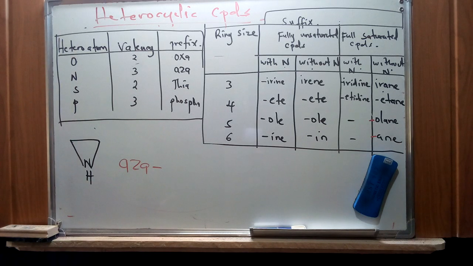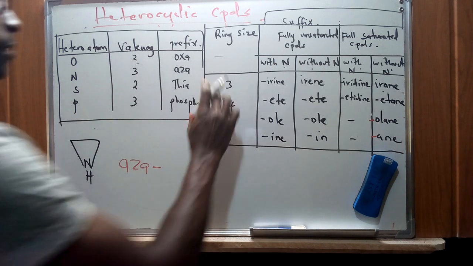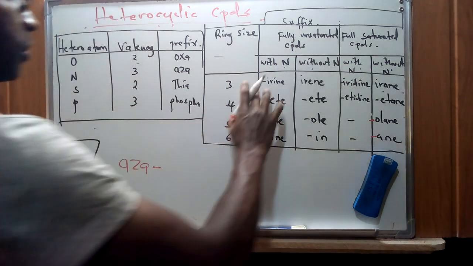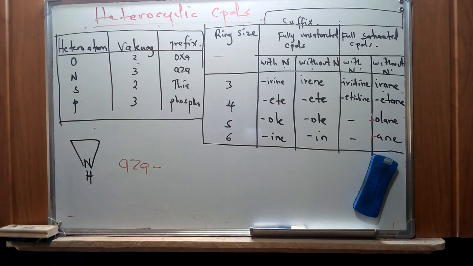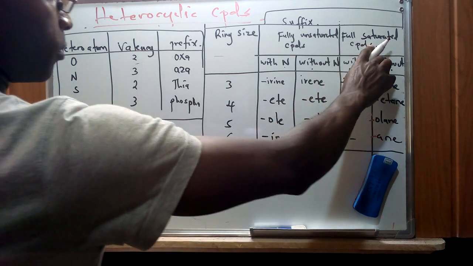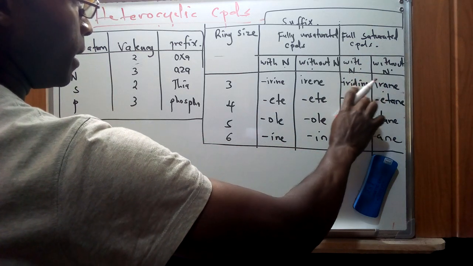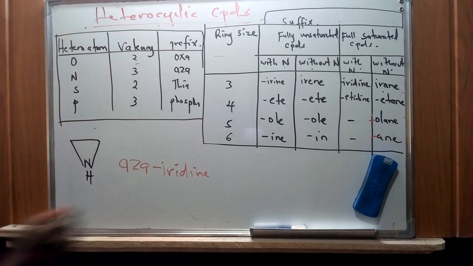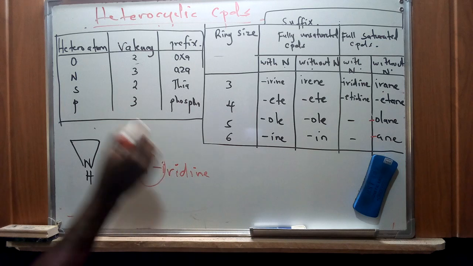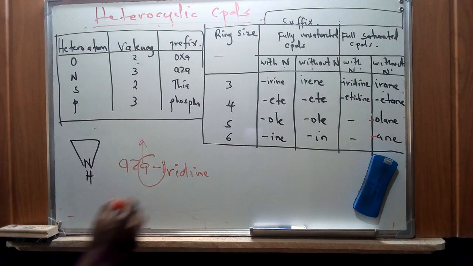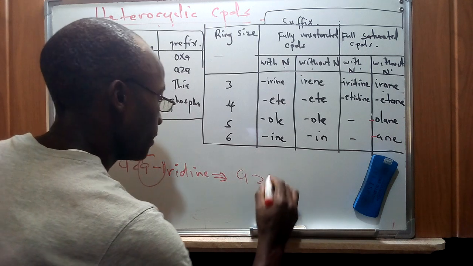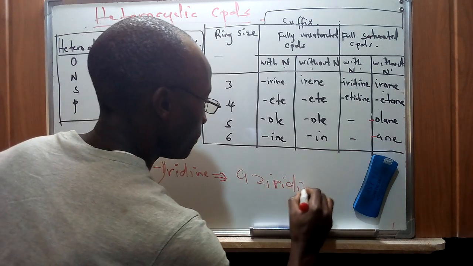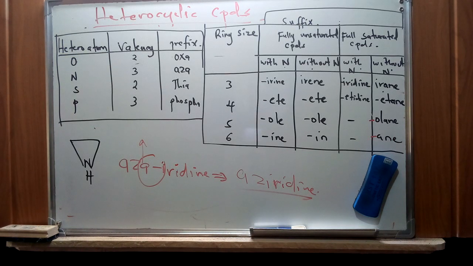It's a 3-member ring, so we're going to look at the first column for the naming of the ring size, 1, 2, 3. Saturated with nitrogen gives iridine. So this is aziridine, but as we have said, these vowels that come consecutively will make us drop this A. Therefore, the name will be aziridine. So this is the format that we're going to use for other compounds.